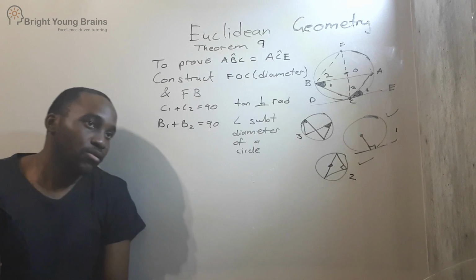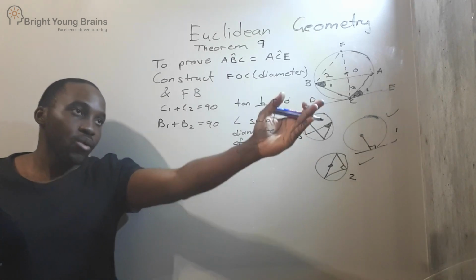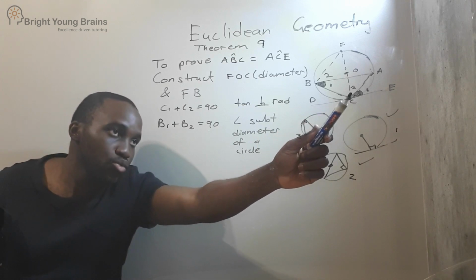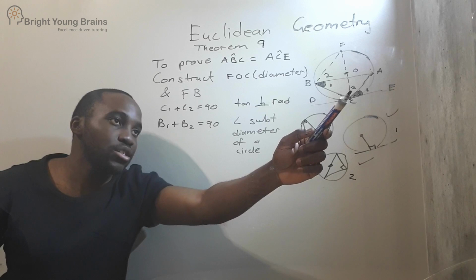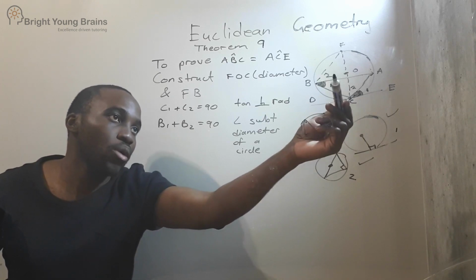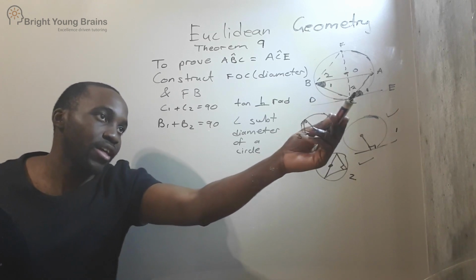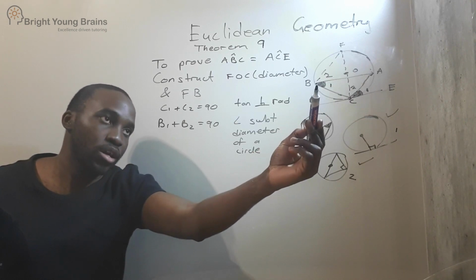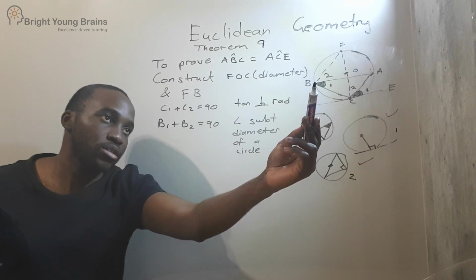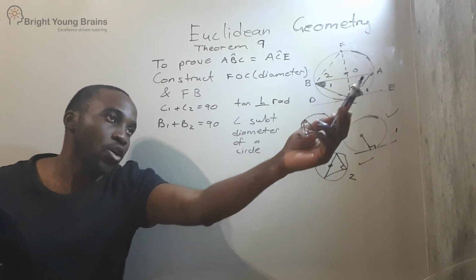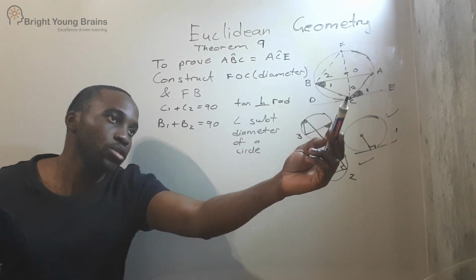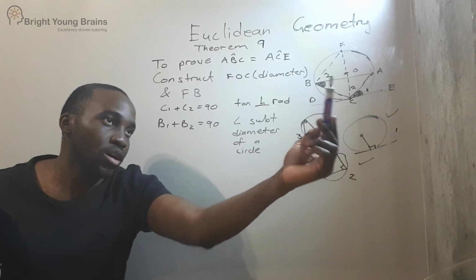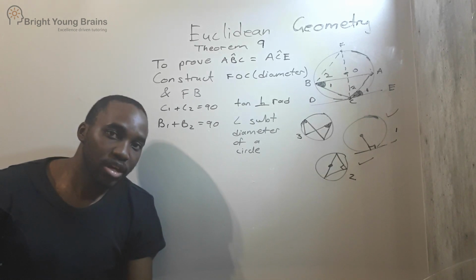So now that we have used these two theorems, for the third one, if you look closely, B2 and C2 are angles that are being subtended by the same arc there. You see, B2 is an angle that is going to F, going to A. C2, it is going to F, going to A. So those two are angles that are subtended by the same arc.